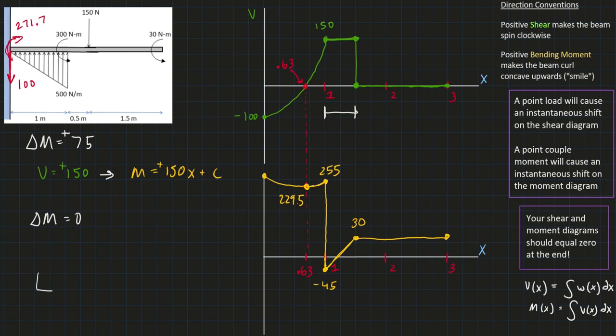So I'm at the very end. Got to do that very last check. Looks like we have an instantaneous 30 couple moment. I will need negative moment to fight that. So my moment diagram will shift downwards by 30 and get us to 0.